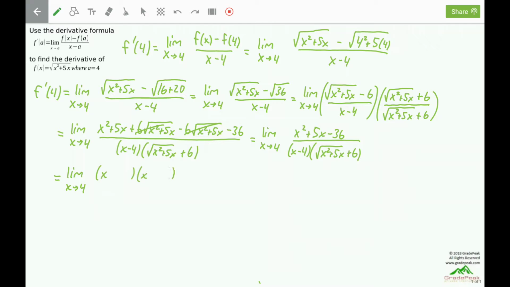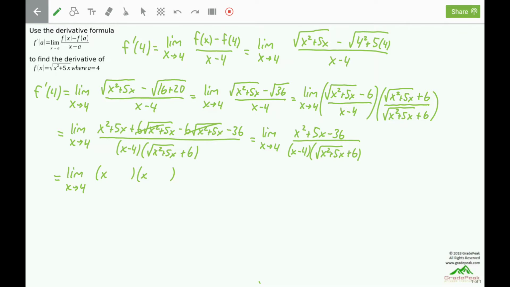It's x squared, so it'll factor to an x and an x. I need two numbers that multiply to be a negative 36, so one will need to be positive, one will need to be negative, and then add to a positive 5. Well, 36 can be 36 and 1. That will not give us a 5. It can be an 18 and a 2. That won't be able to give us a 5. It can be a 12 and a 3.